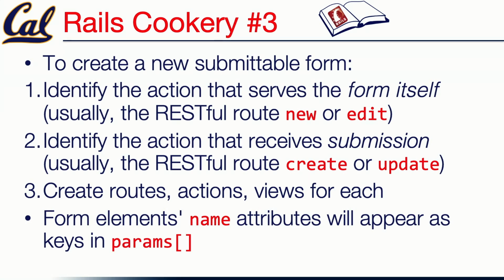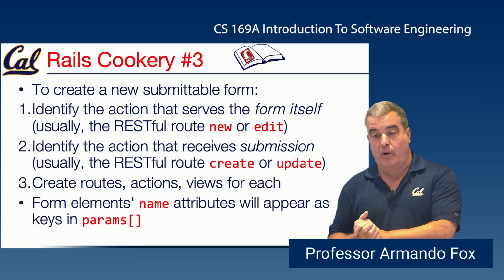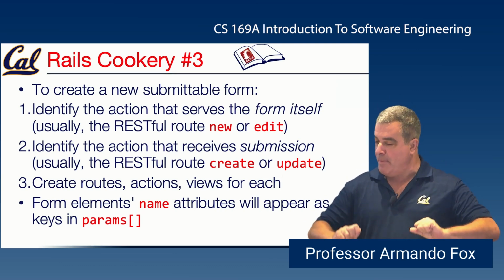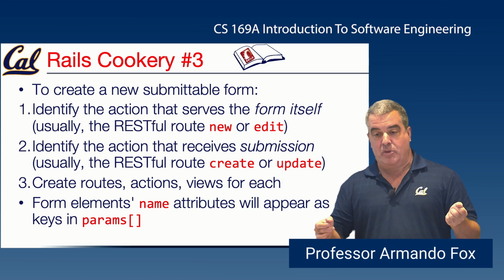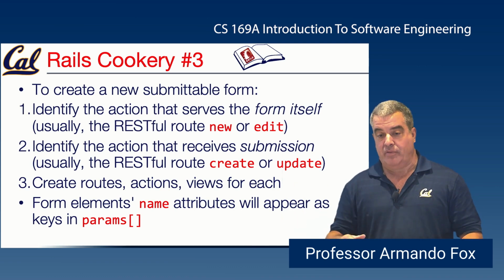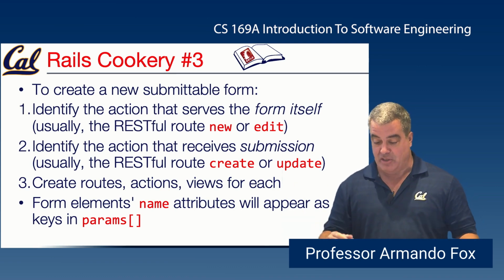And the cool thing is that if you're using the Rails form helpers to say this form is for this kind of model, and models are resources, then all of the form element names are going to be chosen so that they get collected into a single hash for you at the time that you receive the form, and you're almost ready to just grab that hash and pass it to Active Record as the new object attributes to be created, or similarly, the existing object attributes that are about to be updated.